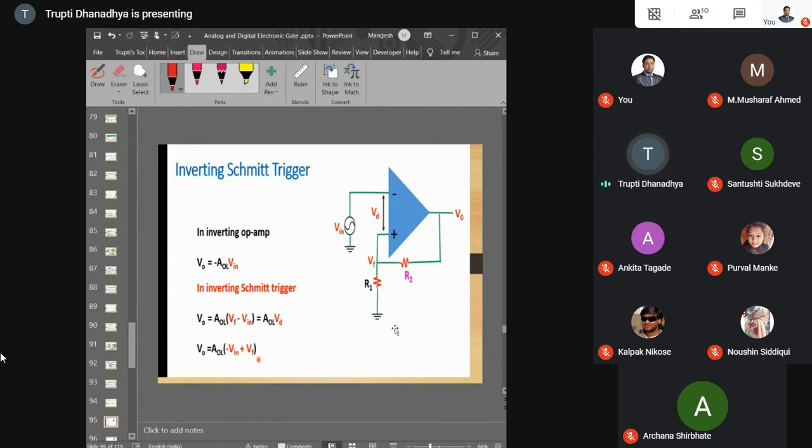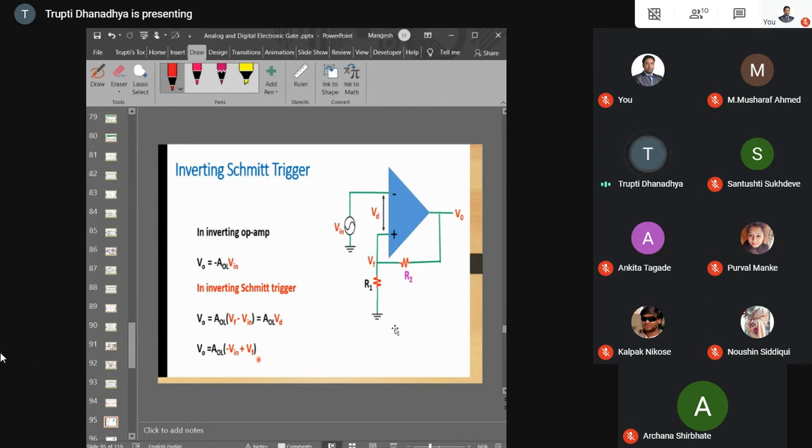You can see here V naught is applied to the negative terminal, that is the second terminal according to the 741 IC. Then there is a positive terminal, and that pin is nothing but pin number 3. Pin number 3 is connected to VF, and that VF is from R2.